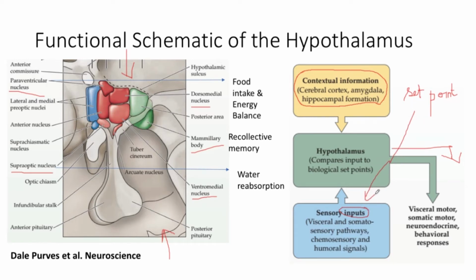That's what the hypothalamus does, and then it takes actions, and these actions go to the visceral motors, somatic motors, neuroendocrines, and behavioral responses. So some actions go towards the motors and the muscles, and some towards the secretion of different types of hormones that further control the organs.